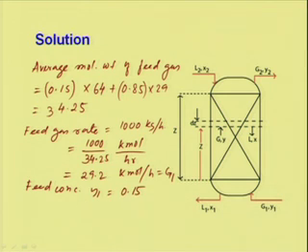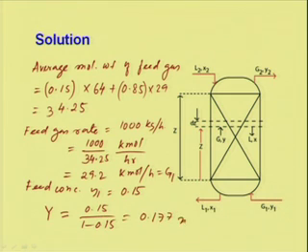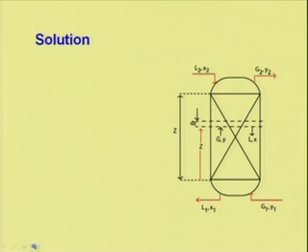So, capital Y we can calculate as 0.15 by (1 minus 0.15), which is equal to 0.177 in mole ratio units. Now, the feed gas rate on a solute free basis we can calculate.